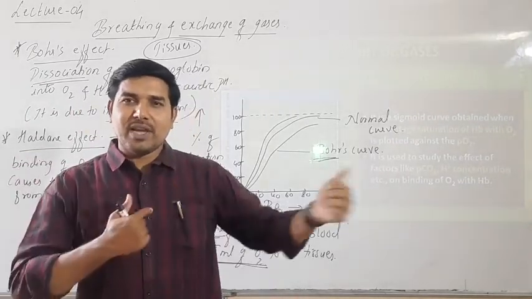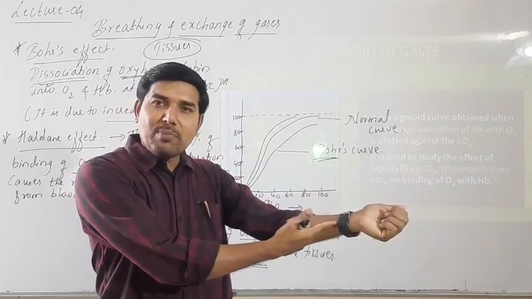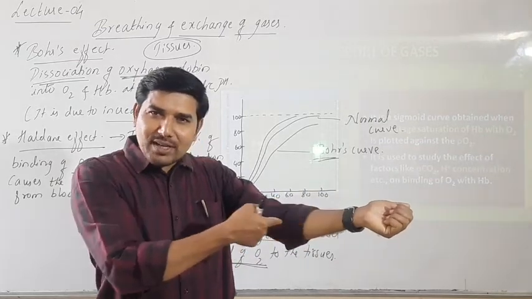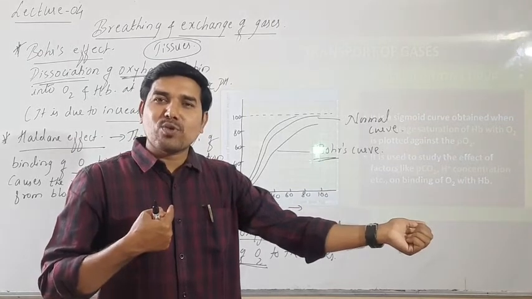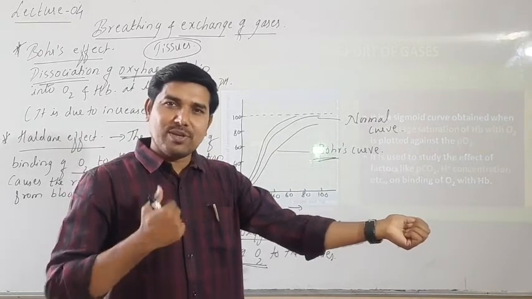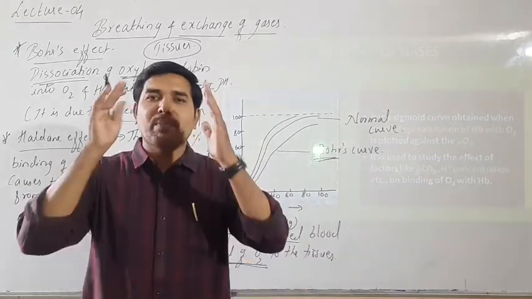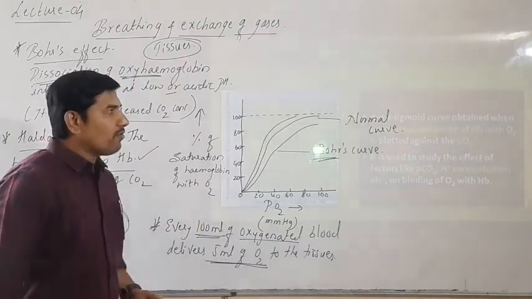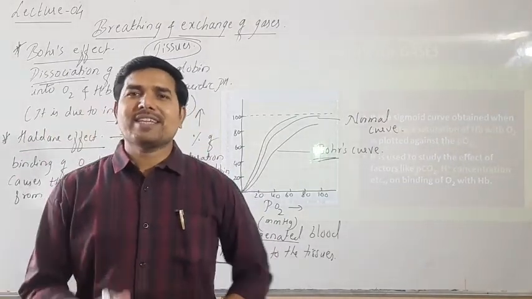Look at this. Every 100 ml of oxygenated blood supplies 5 ml of oxygen to the tissues. Every 100 ml of deoxygenated blood delivers 4 ml of CO2 to the lungs. So this is transport of O2 and this is transport of CO2. Remember these.